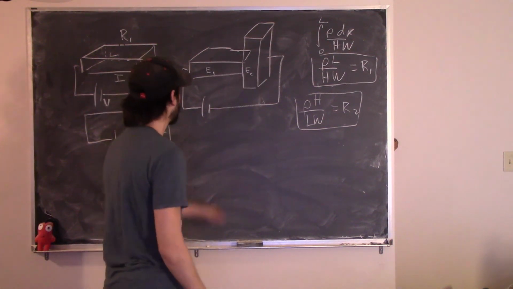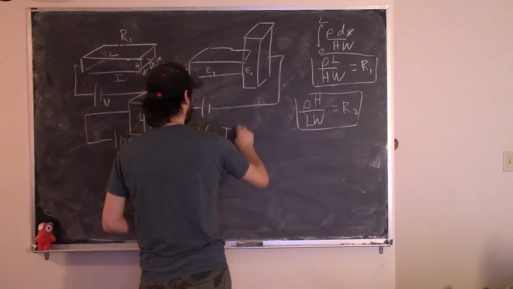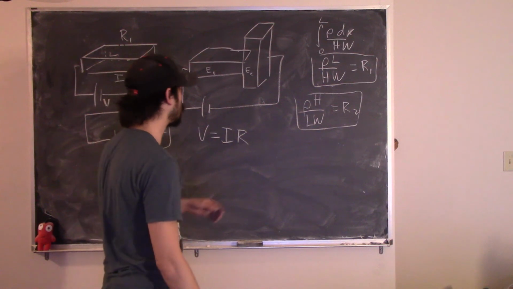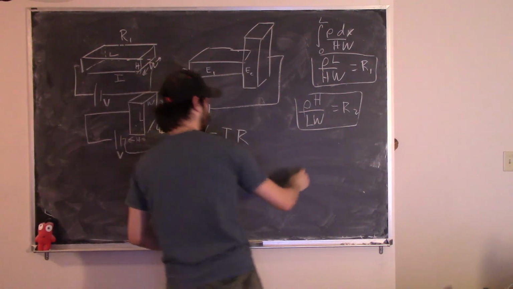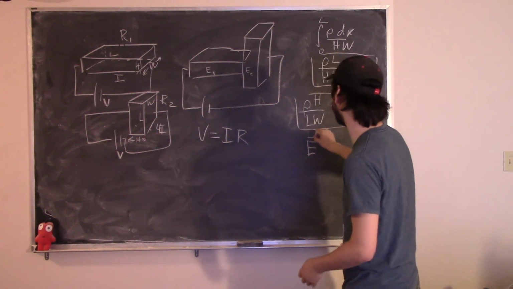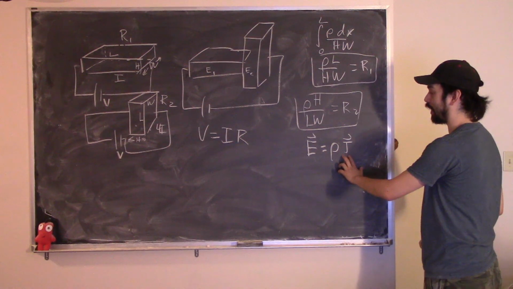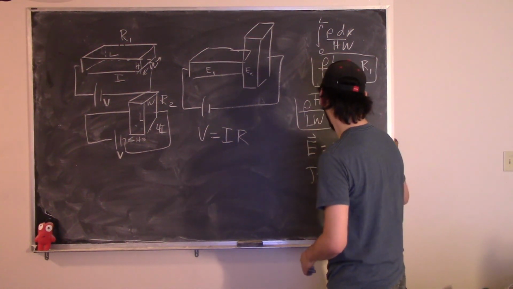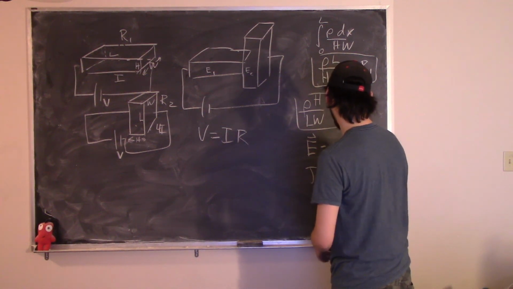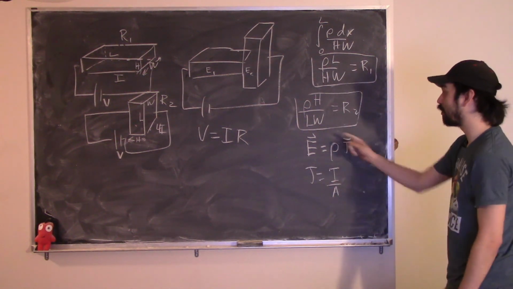In order to do this, the first thing that we can do is find what the current is through each one of these. And the reason why I know we want to find the current is because to find the electric field, E is equal to rho J. And J is going to be equal to I divided by A ultimately. And the current's going to be the same in both of these.